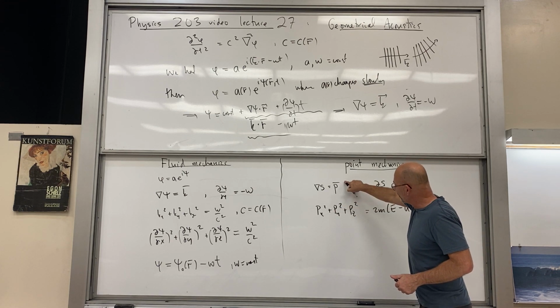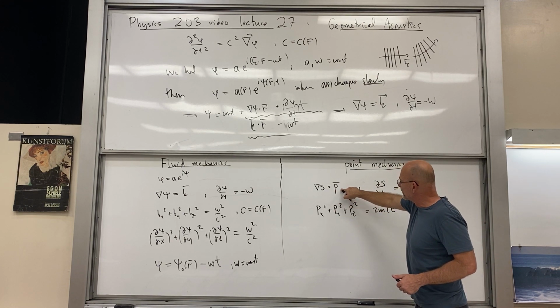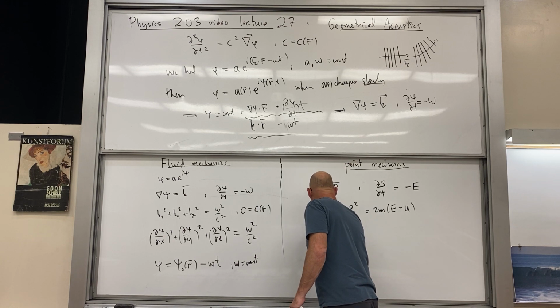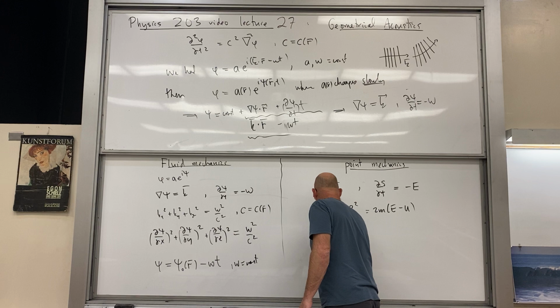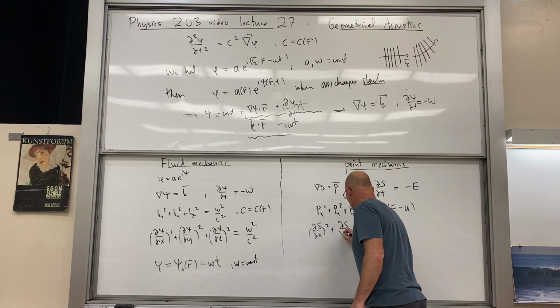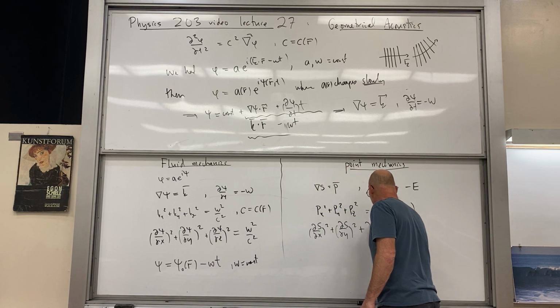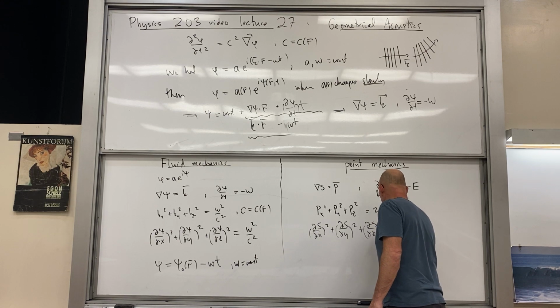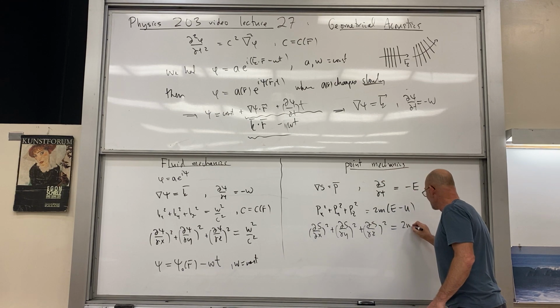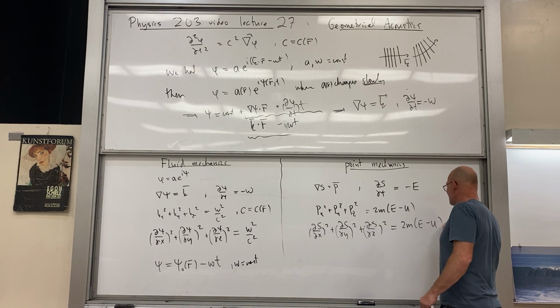You solve the Hamiltonian for p, this is what you get. Then when we take the gradient S equals vector p, we have (∂S/∂x) squared, (∂S/∂y) squared and so on, is equal to 2m(E minus U).